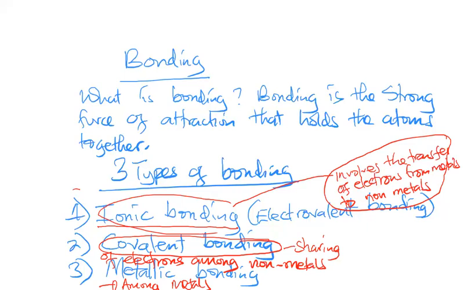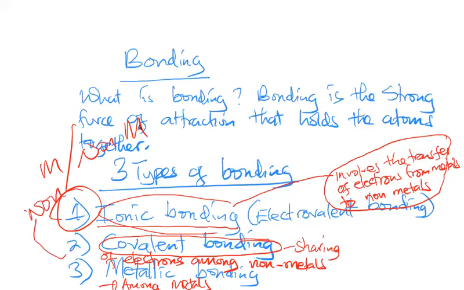So the first one is metals and non-metals, the second one is non-metals only, and the third one is metals only.